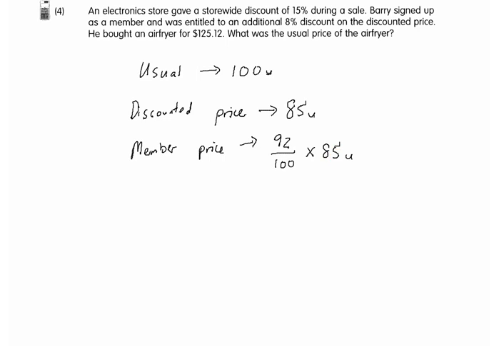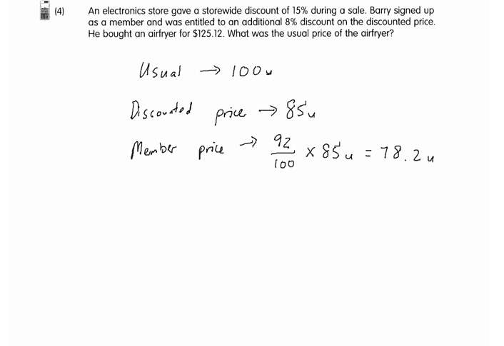So now, this is equals to how much, Isabel? 78.2 units. Yes. You cannot use 85 minus 8 because it's an 8% discount on the discounted price.